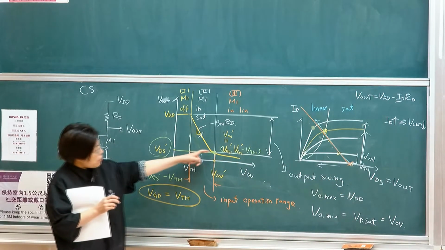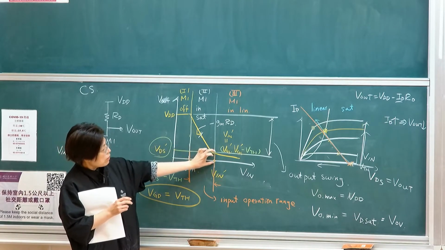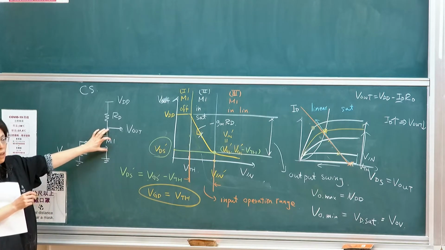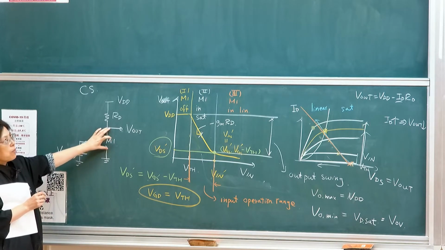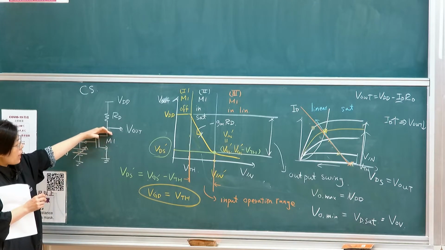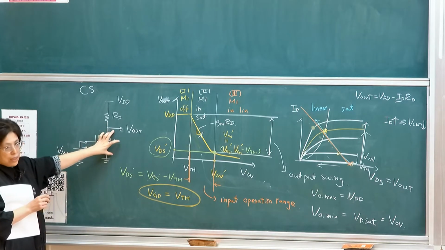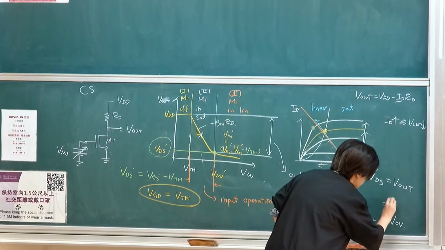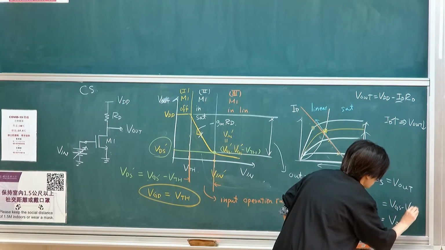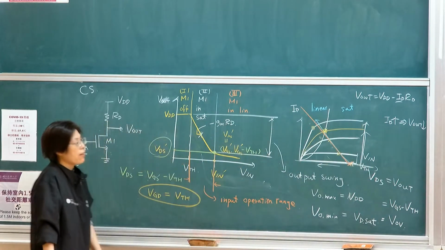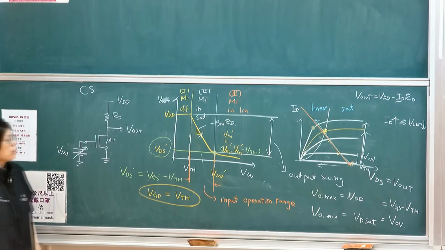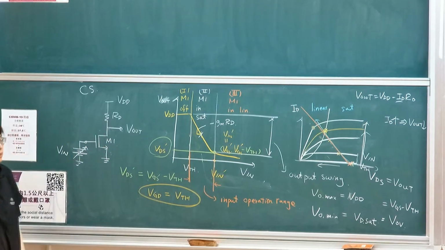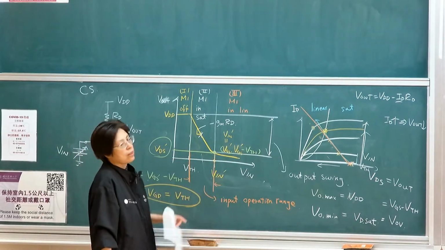So your minimum level depends on how much this device has to remain operated in saturation. Make sure it is operated in saturation. Therefore, this has to be higher than VDSAT, or the overdrive, VGS minus VT. Okay, it has to be higher than VGS minus VT in order for this to happen. So this will be your minimum level, which is VGS minus VT. Okay?